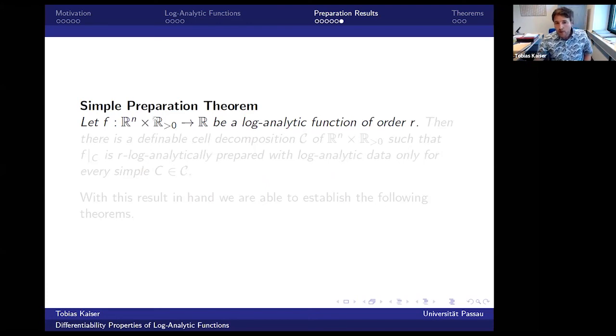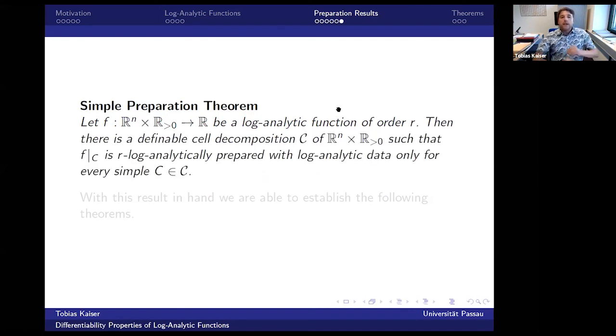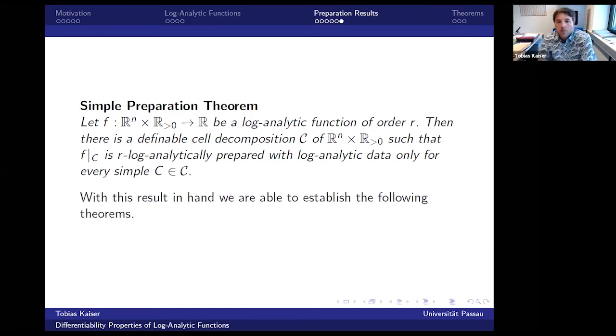So let F be on this space a log-analytic function of order R. Then there is a definable cell decomposition C of that space, such that the restriction of F to every simple cell C in C is R log-analytically prepared with log-analytic data only. And with this result in hand, we are able to establish the following theorems.